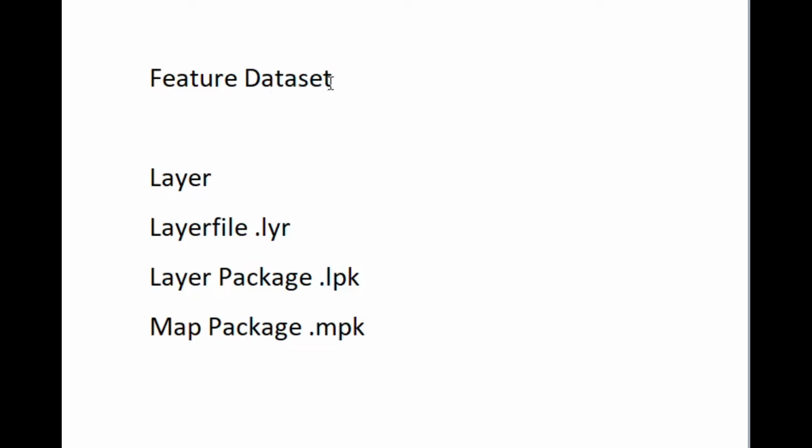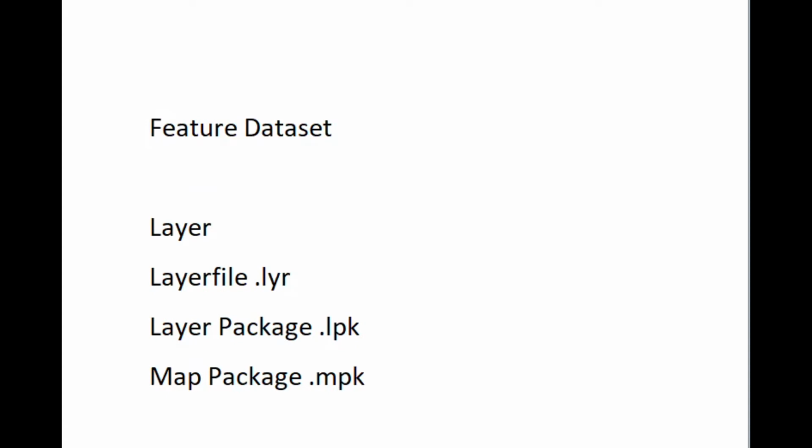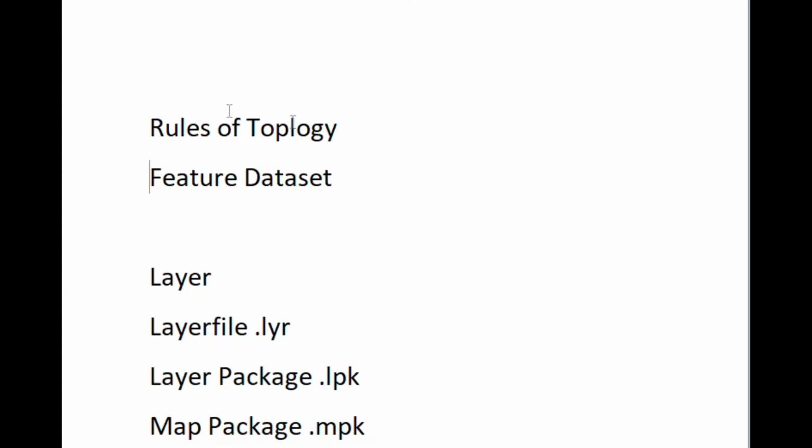What's really cool about these is that with the feature classes within the feature data set, you can do pretty advanced analysis. You can set up what are called rules of topology, and those rules of topology would then apply to each of the feature classes that are inside the feature data set.